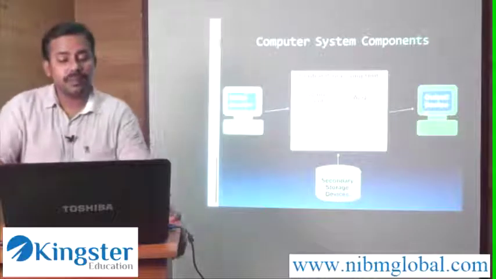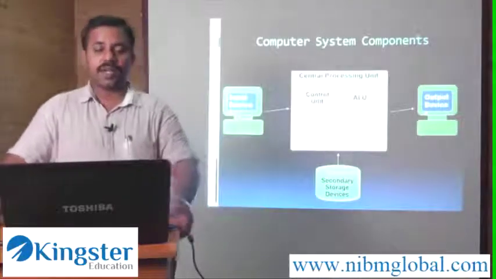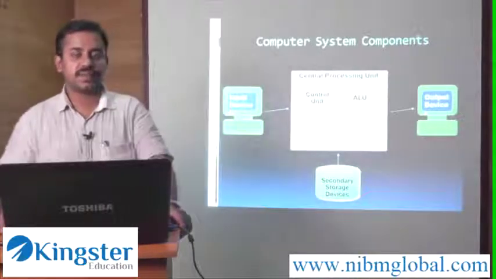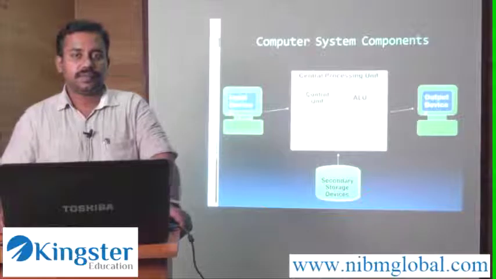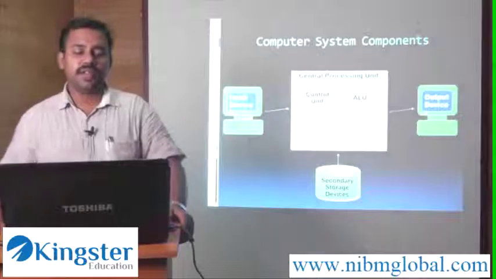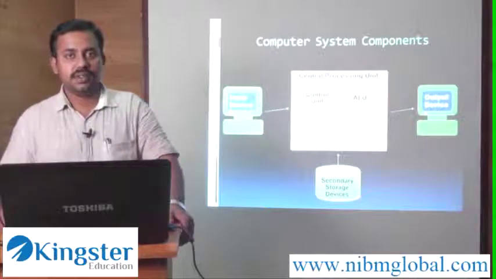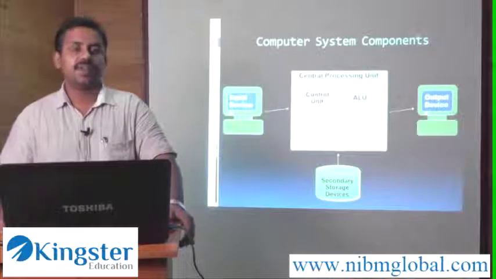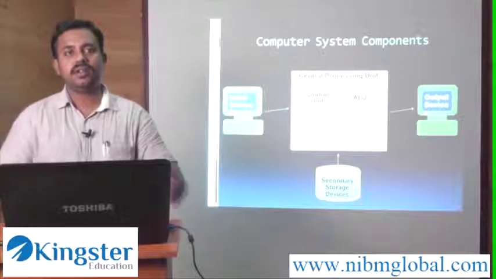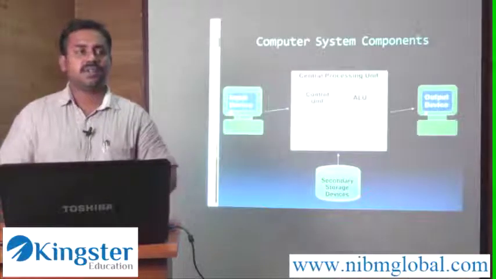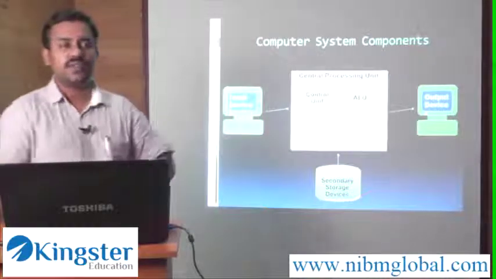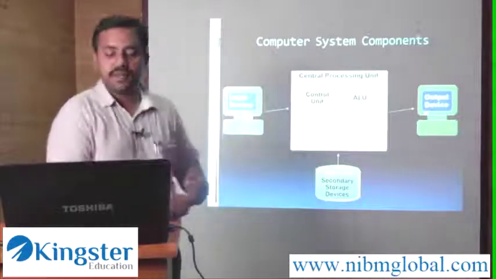The information can be stored in the primary device, or it can be stored in the secondary storage devices. A number of organizations need to back up the data or the information that is being processed, and it might not be possible for them to store the entire information on the primary devices. One, it becomes cumbersome to process and store all this information in one system, and the retrieval becomes difficult.